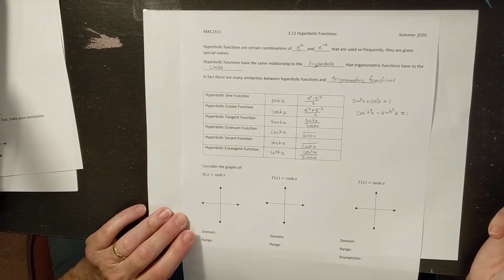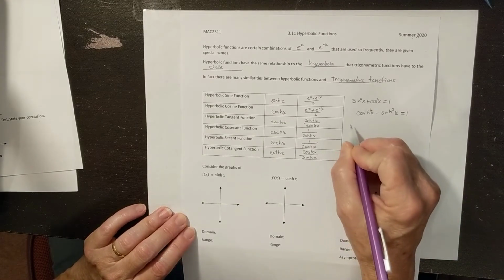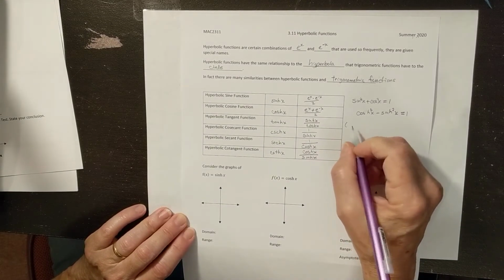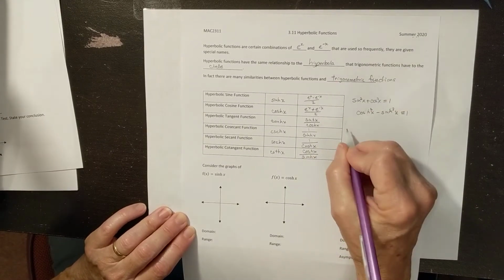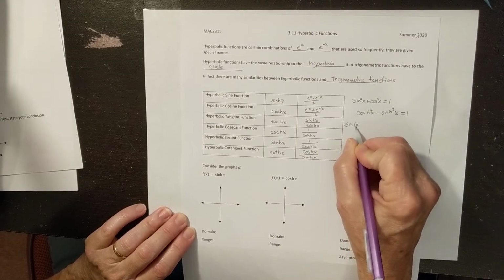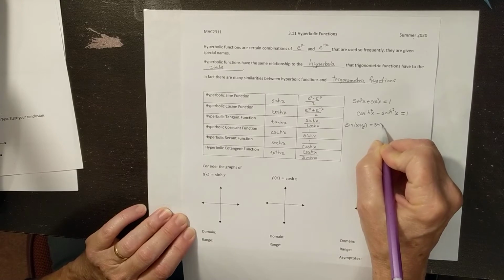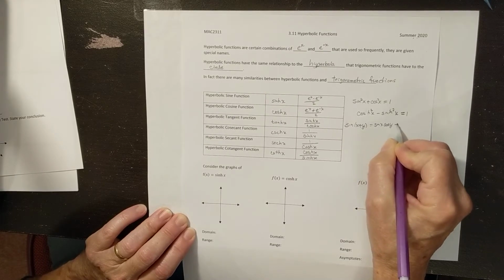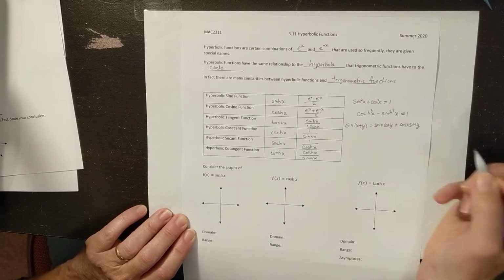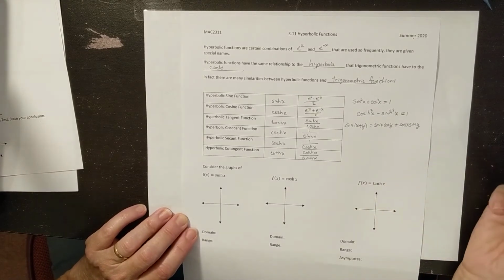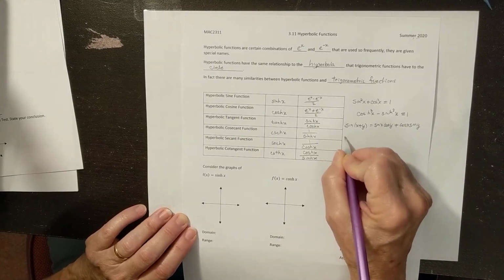Also, there are addition of two angle identities for sine and cosine and tangent. So if we took the sine of x plus y, the addition of two angles, this is sine cos plus cos sine. If you recall seeing this identity, they have other ones for hyperbolic sine.